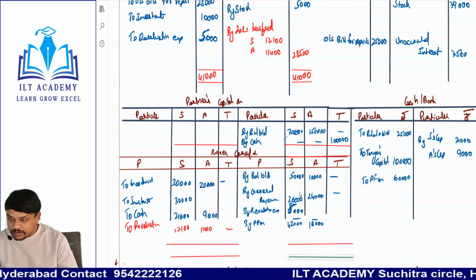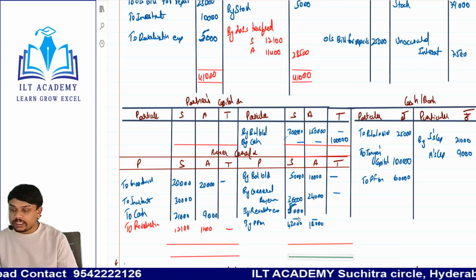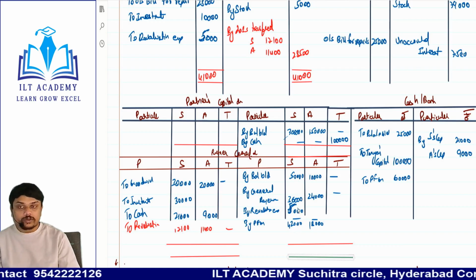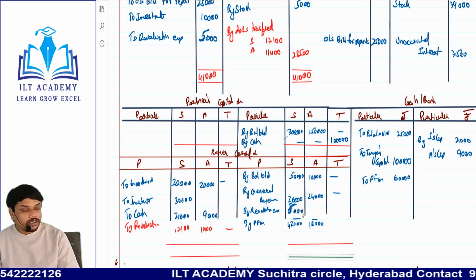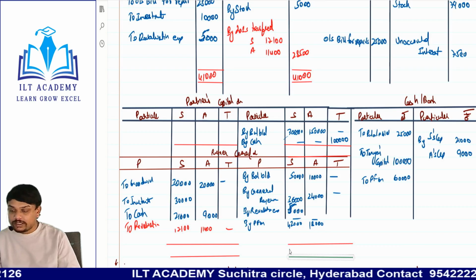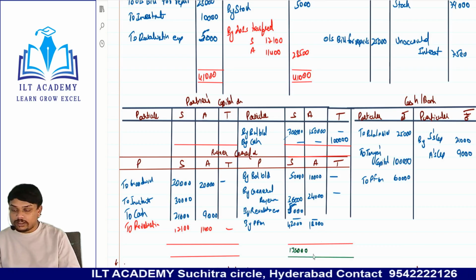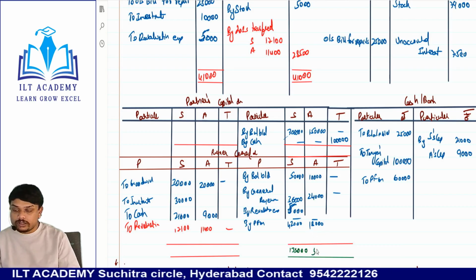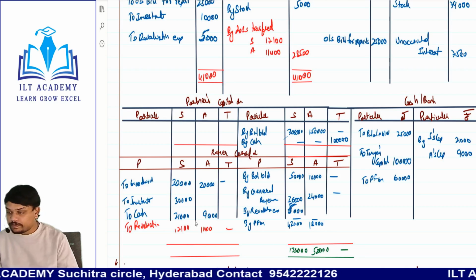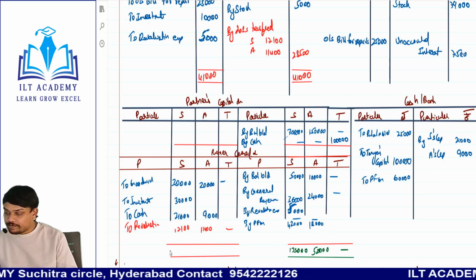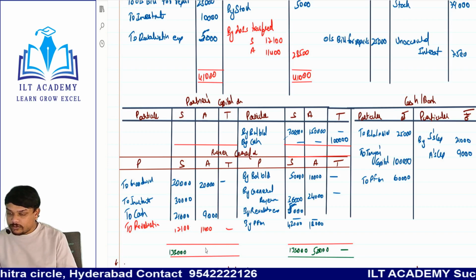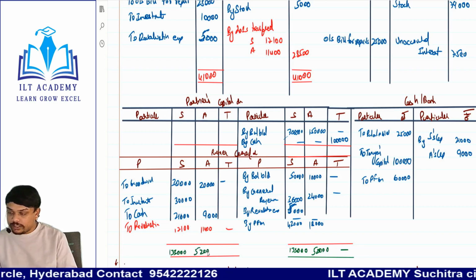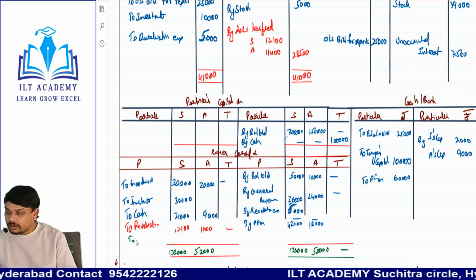Now let us understand this: 50 plus 36 is 86, plus 42 is 1,33,000. Next, 10 plus 34 is 44, 52,000.